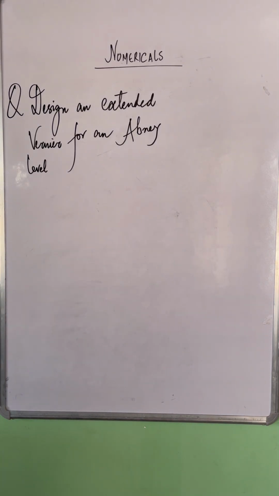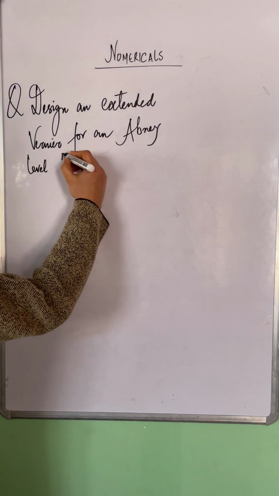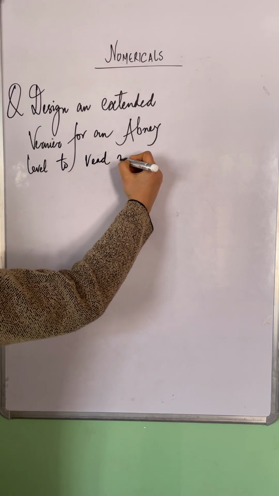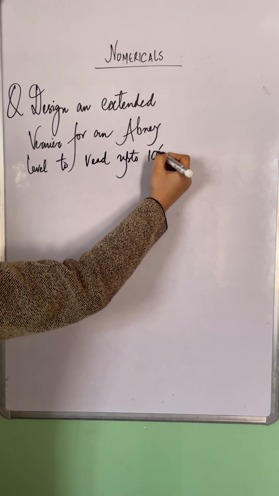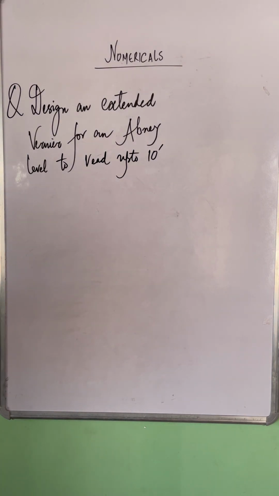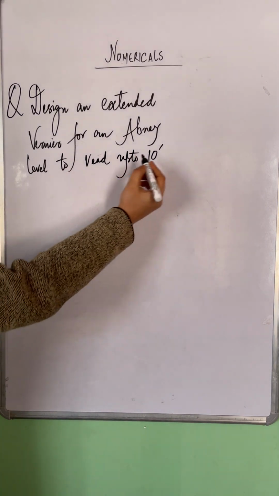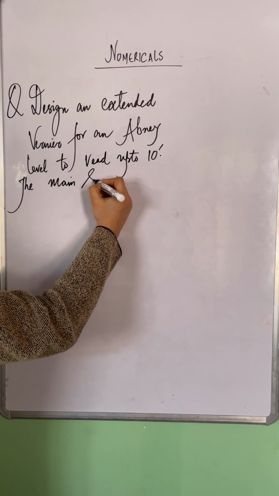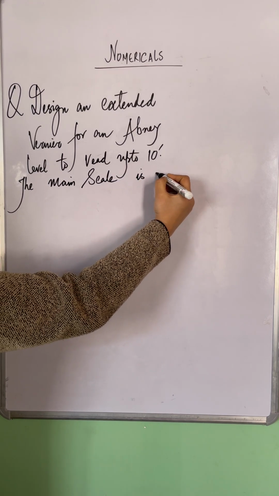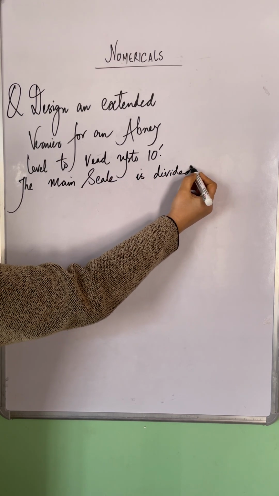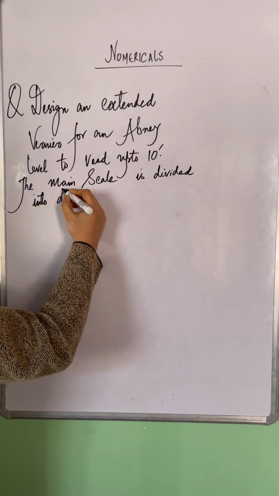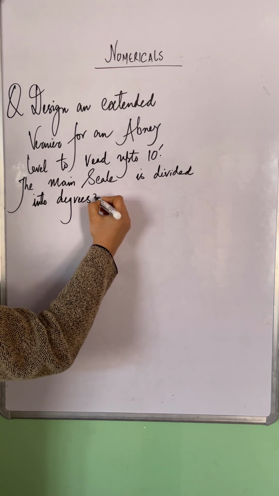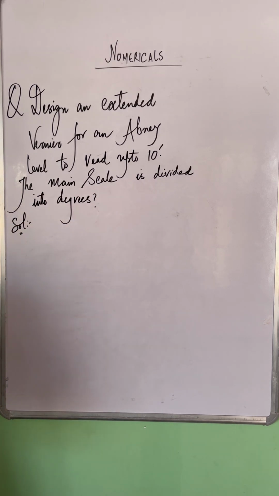Design an extended vernier for an ebony level to read up to 10 minutes. The main scale is divided into degrees.